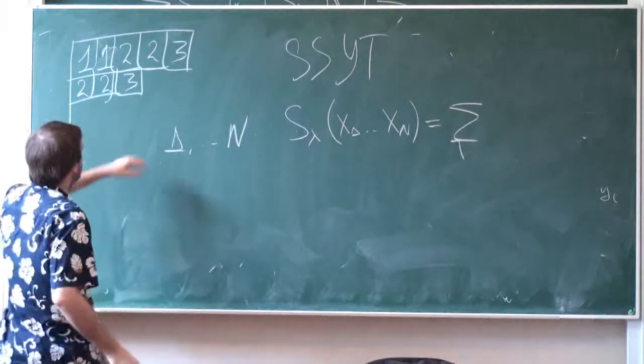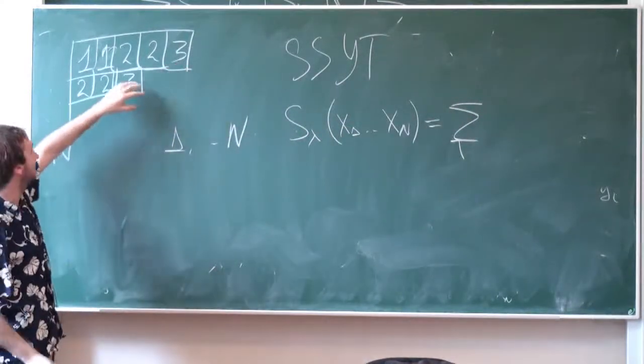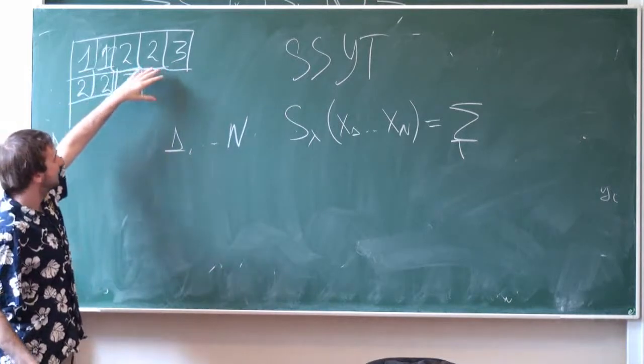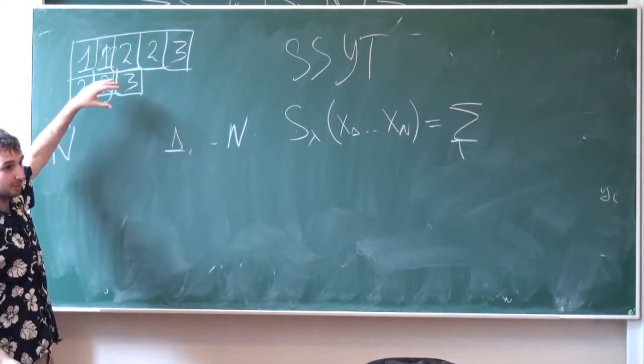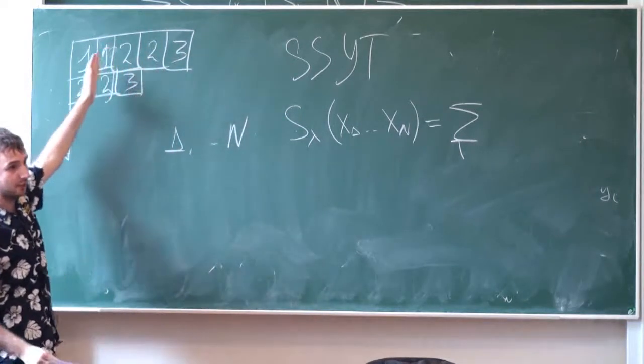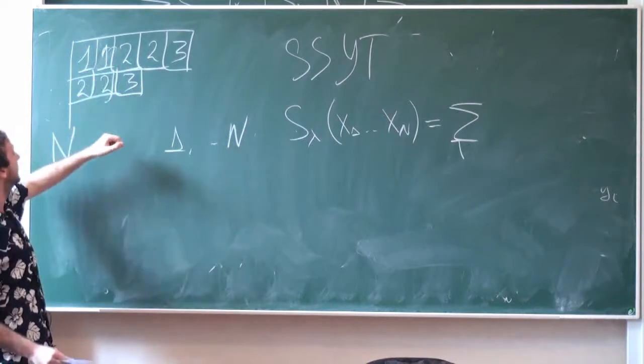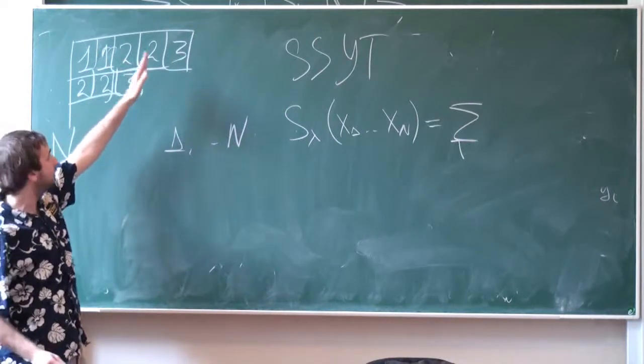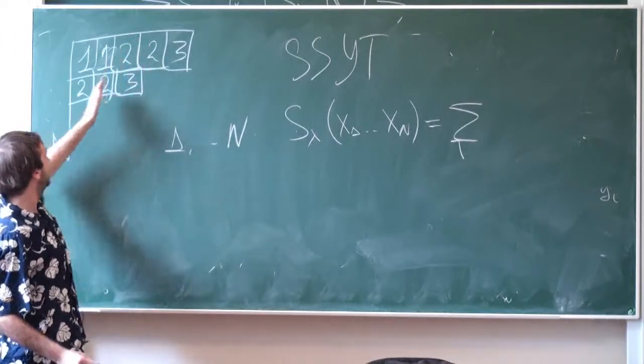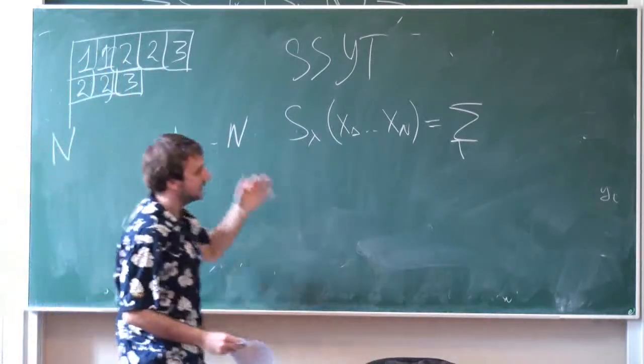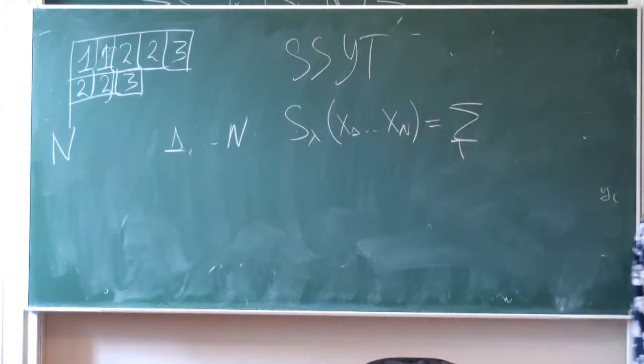You can see that if you look at, say, the 3s in this Young diagram, then they form exactly a horizontal strip. So there is at most one in each vertical column. If you look at the 2s, they again form a horizontal strip. And once again, this semi-standard Young tableau is just a way to write these conditions.